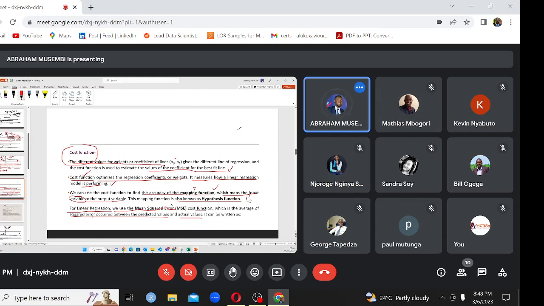So the cost function, the mean squared error, is given by the average of the squared error that occurred between the predicted and the actual values.